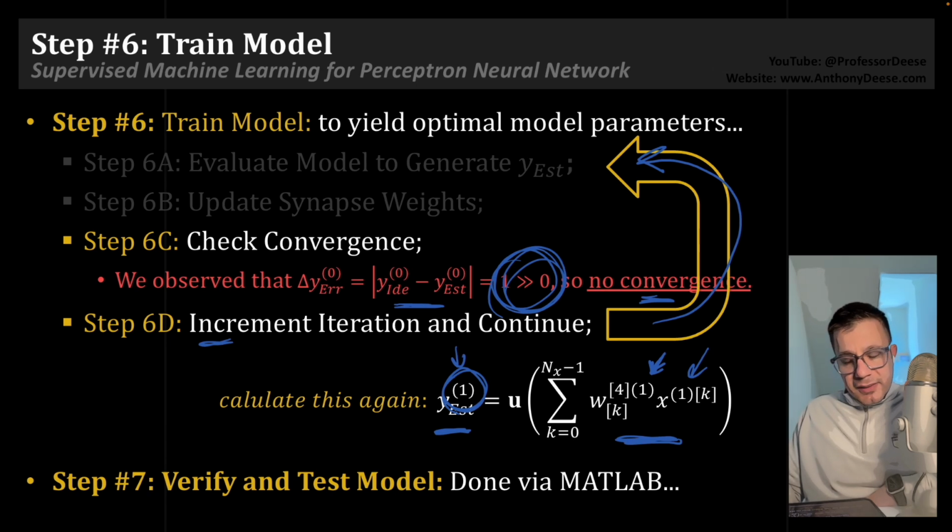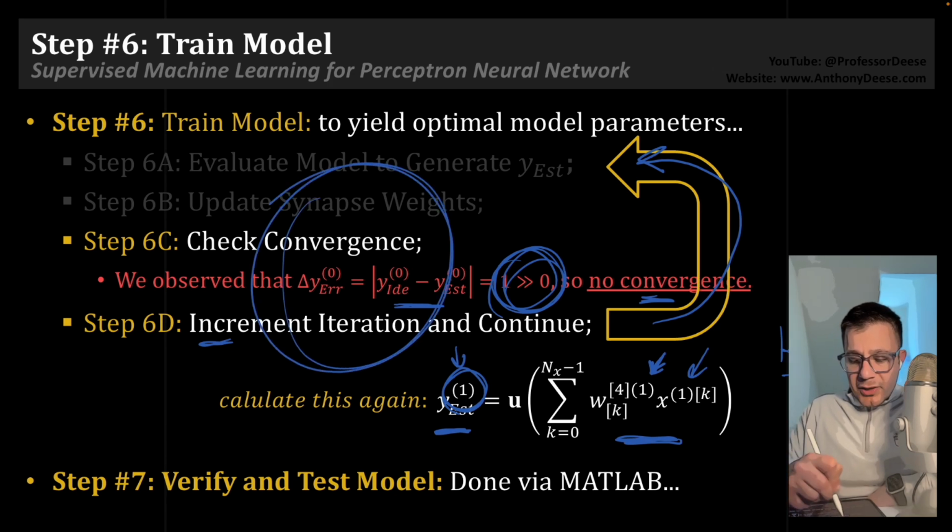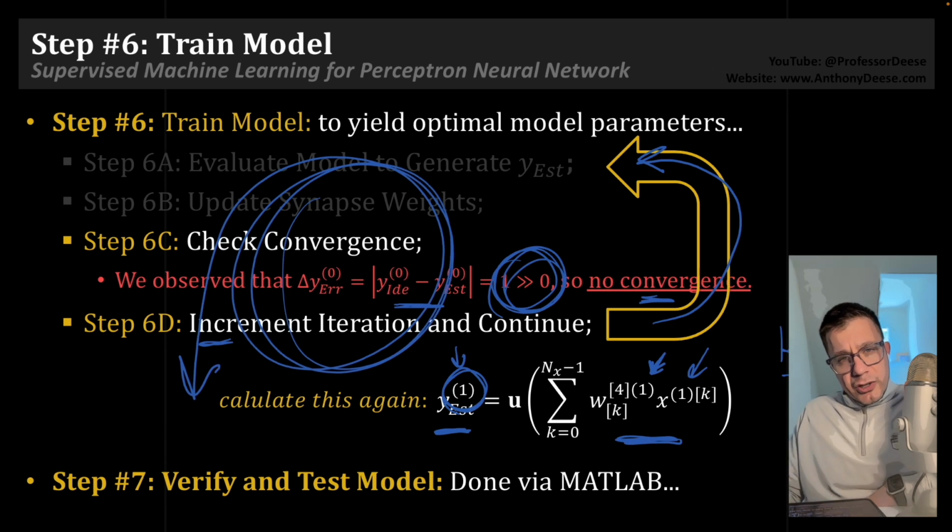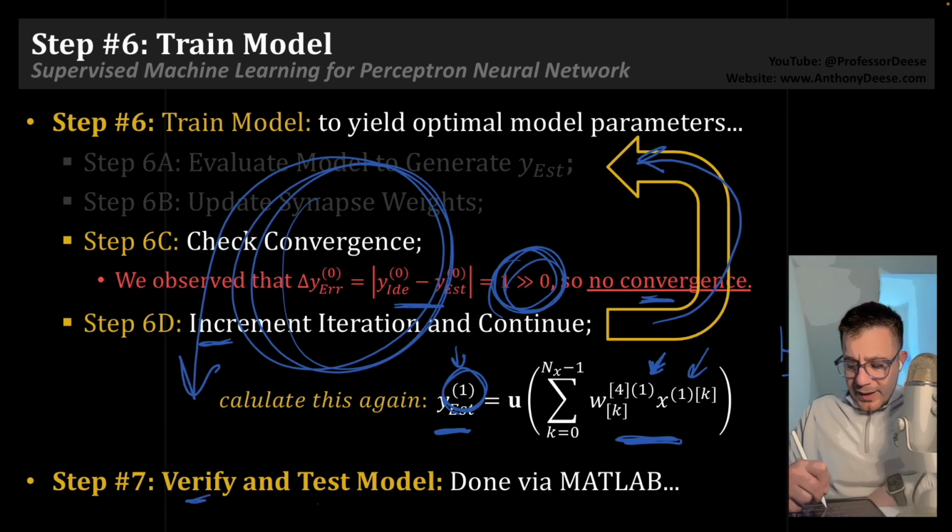Now, I didn't explicitly say which one it would be, but for the next iteration, we would have to choose what training sample would be associated with that iteration. We could pick anything. And generally, we do try to randomize that. We don't want to go through the training samples in the same order every time, because that can introduce some forms of bias. And then finally, once we've run through this a bunch of times, hopefully, eventually, we do reach convergence. And at that point, we have a trained model, and we can verify and test it.